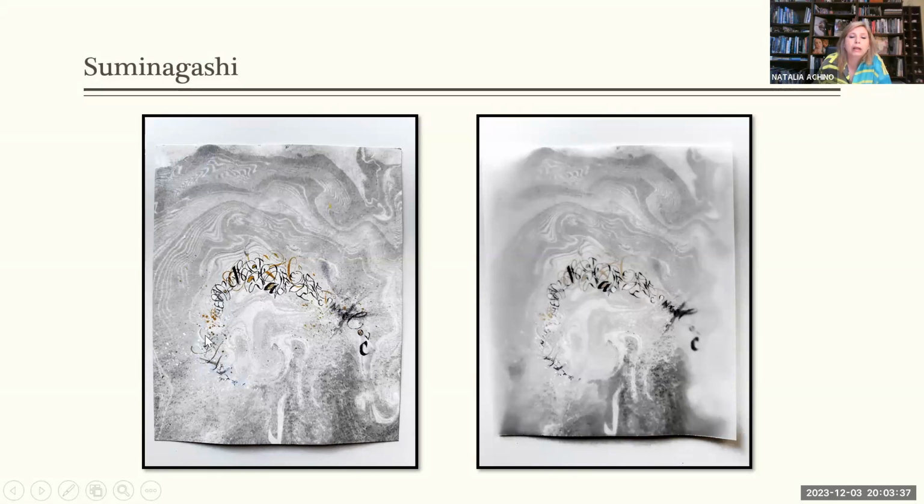I use a little bit of pastels on top to cover some of the letters. And then I wanted to create more of an atmospheric effect that is like a smoky effect. So I just tried to put a glassine paper on top on this scroll.